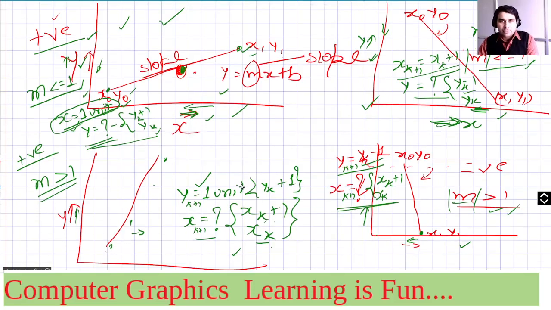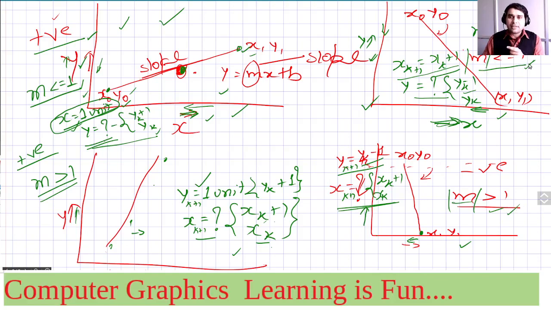If the slope is negative, in that case what will you do? In negative slope, you try to find out what the slope value is. Either it is less than or equal to 1 or it is greater than 1.